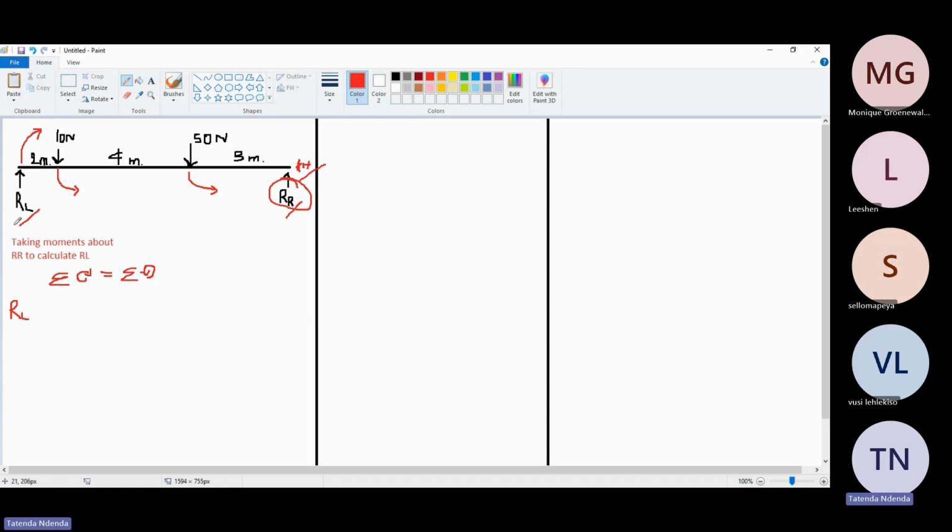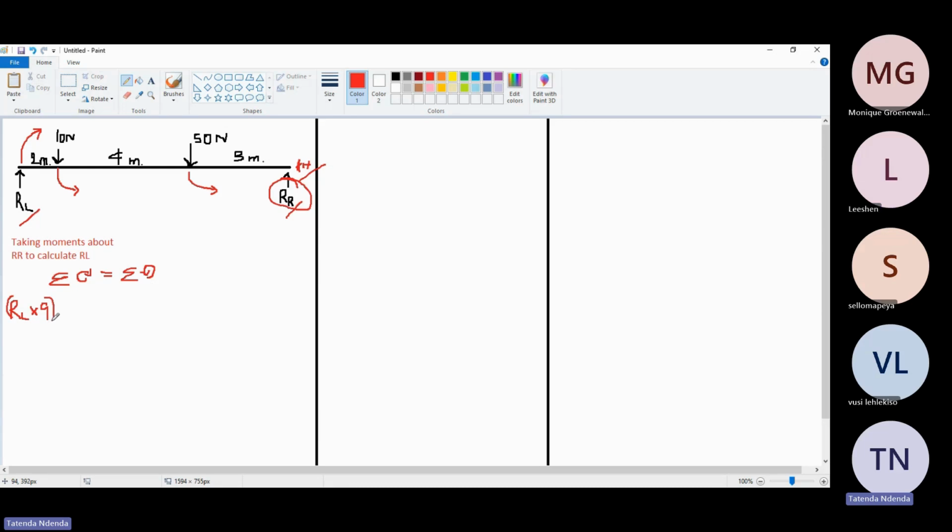RL is just a force, but the moment is a force multiplied by the distance. So what would be the distance? The total length from RL to RR. That's 2 plus 4, 6, plus 3, that's 9. So we're going to say RL multiplied by 9, okay? Do we have another clockwise moment?